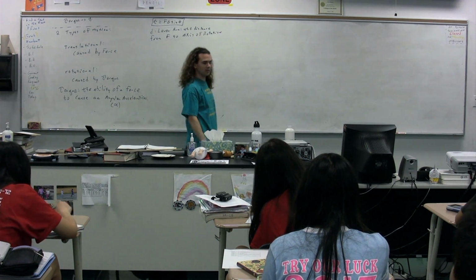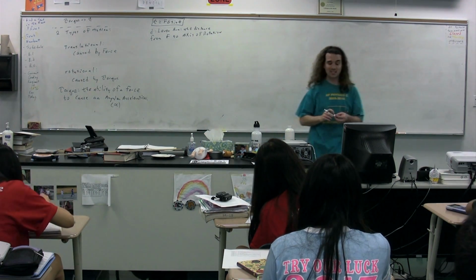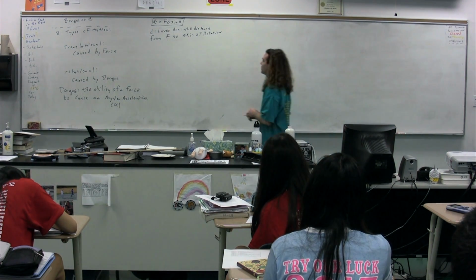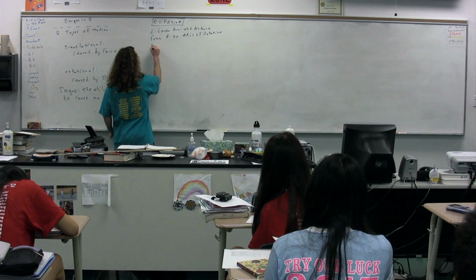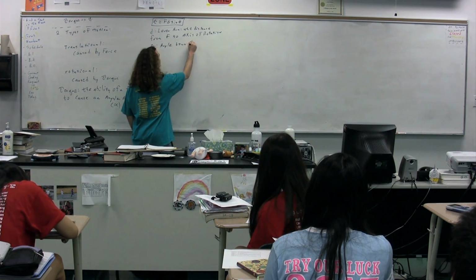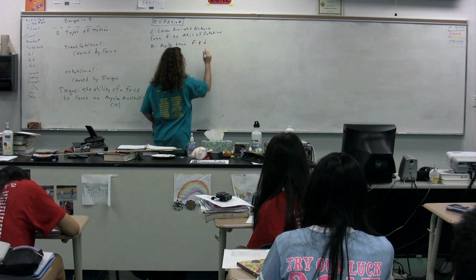So D, the lever arm, is the distance from where the force is applied to the axis of rotation of the object. And theta, in this equation, is the angle between the force and the lever arm.